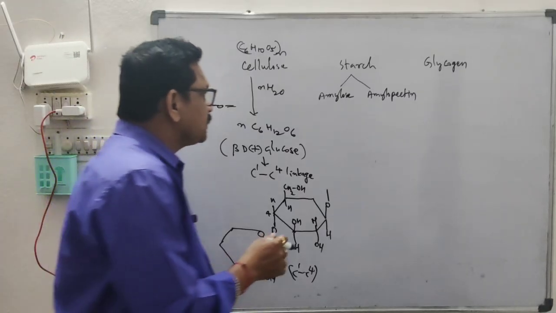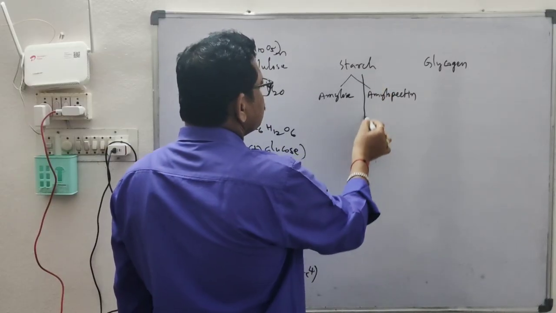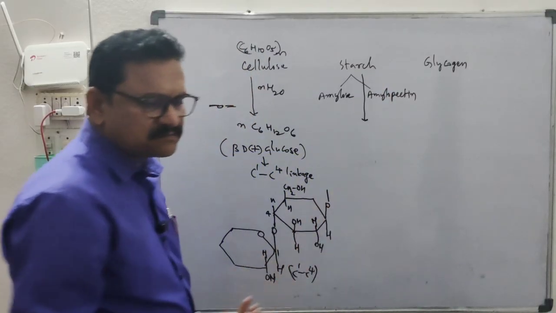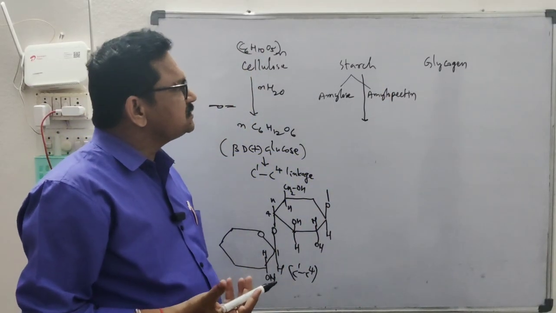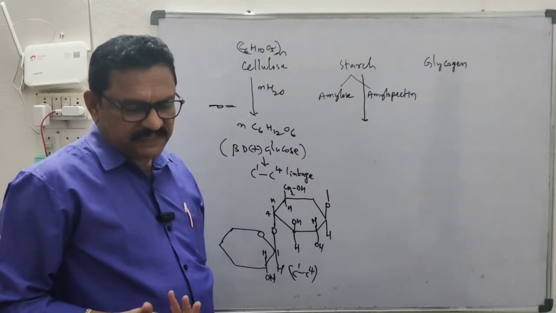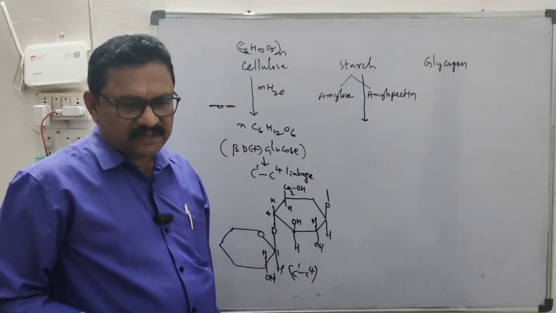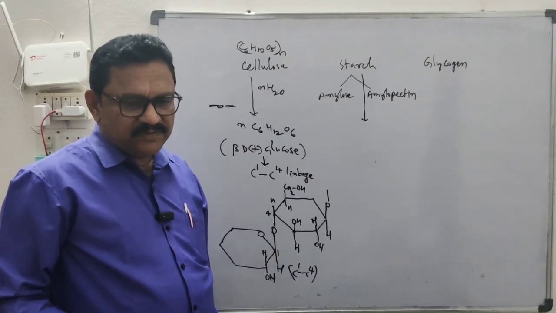Then we come to starch. Here starch means pidi padartham. Starch is one of the polysaccharides and it is an amorphous powder. It is insoluble in water, particularly in cold water. If you want it to dissolve, you can heat the water.